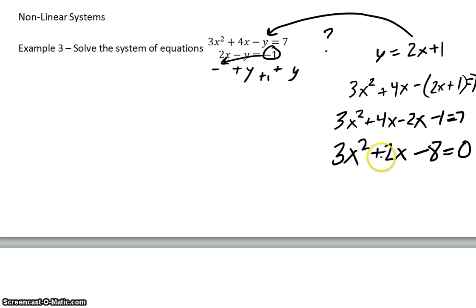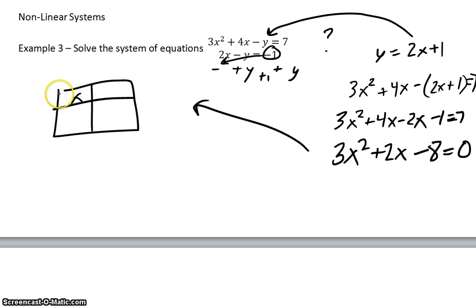Now you might say, well, what do I do from here? Well, you might want to look at this and say, is this factorable? Can I find numbers that multiply to negative 24 and add to 2? And the answer is yes. So this is factorable.